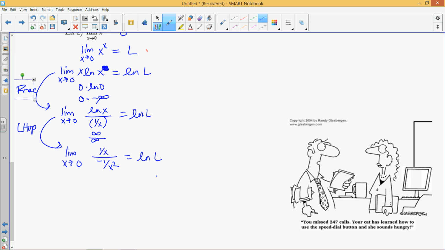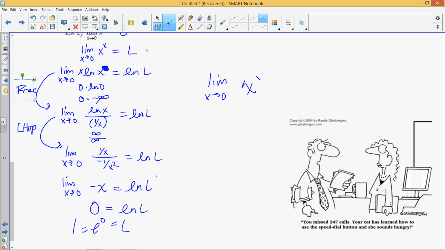Still set equal to ln L. If I simplify, this becomes negative x, and the limit as x approaches 0 of negative x is 0. But that's set equal to ln L. If I solve for L, I get e to the 0, which is 1, which means the limit as x approaches 0 of x to the x is 1.